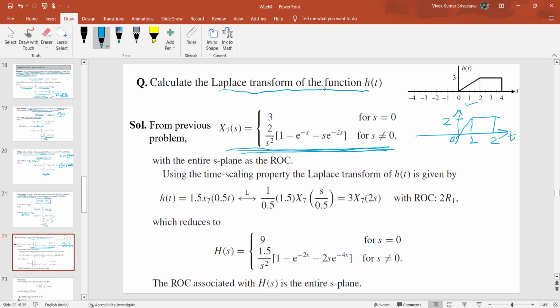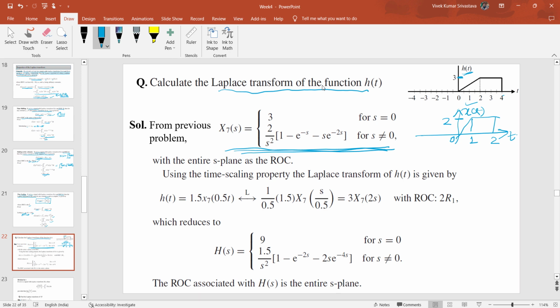If we compare these two signals, these two plots, we can see that h of t is basically a time expansion of this signal x of t. It is expanded in time. Also the amplitude is changed: here the maximum value is 2 whereas here the maximum value is 3.